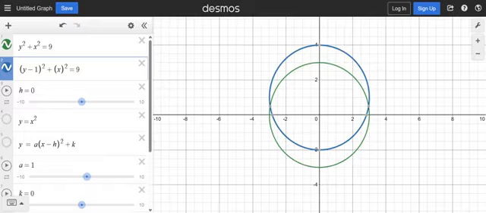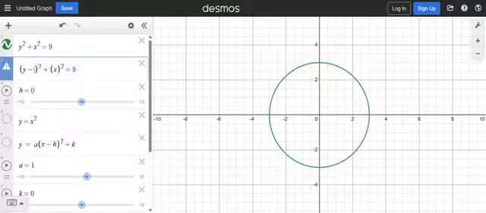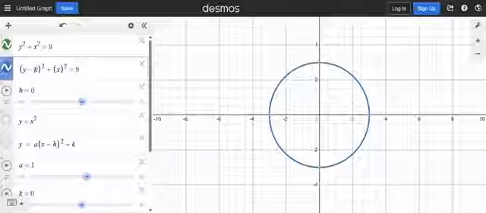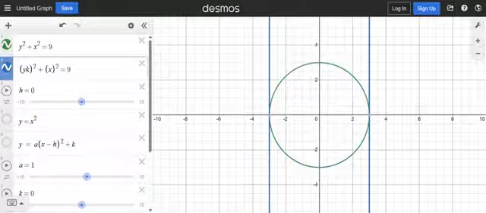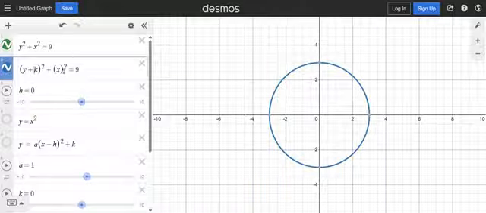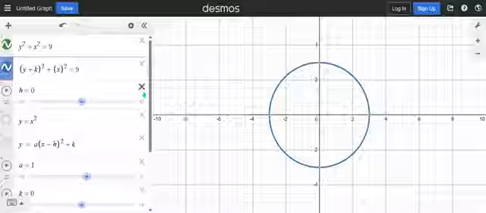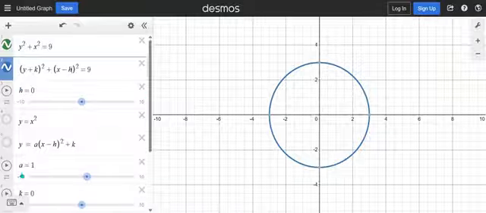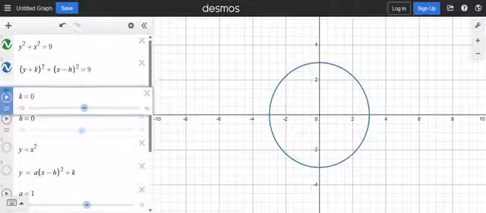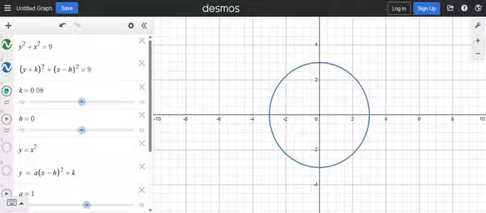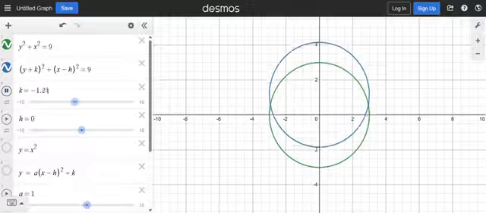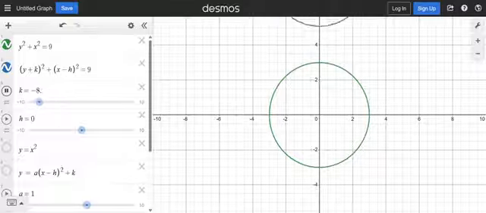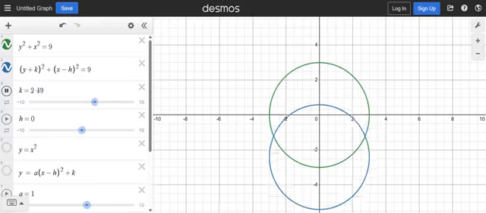What if, instead of putting an actual number, I'm going to put a variable here. And I'm going to put a variable here. And I'm going to get a slider to start playing. So what this slider is doing for me is just changing the k value. So that's the number next to the y.